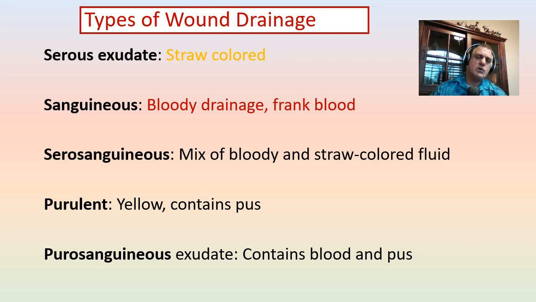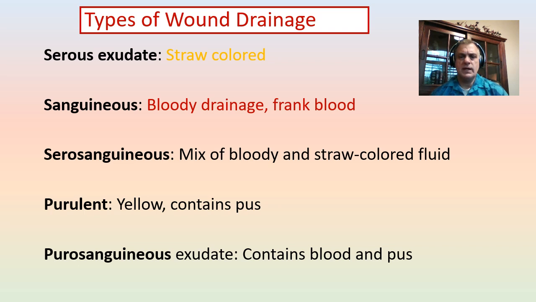Also, then we get into closures. Now we talked about some wounds aren't perfectly closed. They may be left open a little bit because of a drain or drainage that needs to come out. And there are types of drainage, the terms we use, and these are terms that you need to know. There are pictures in your text that give examples of the color of exudate or drainage. Serous exudate or drainage.